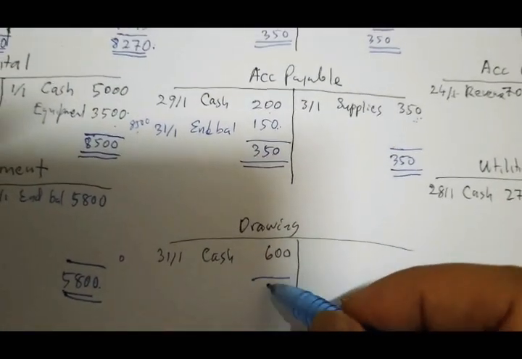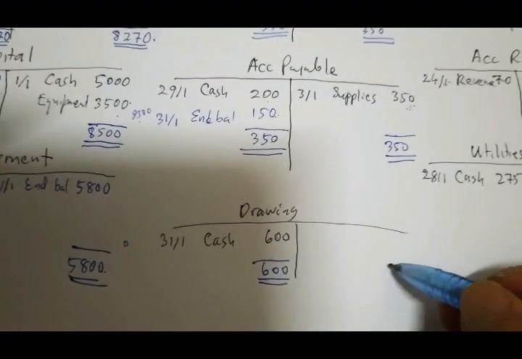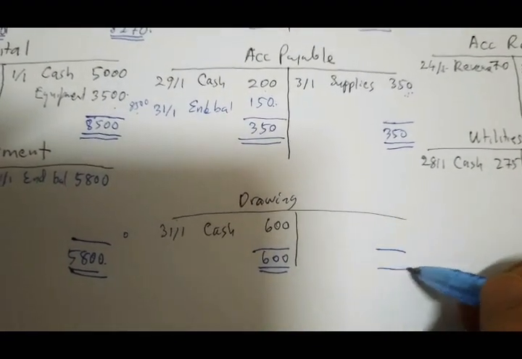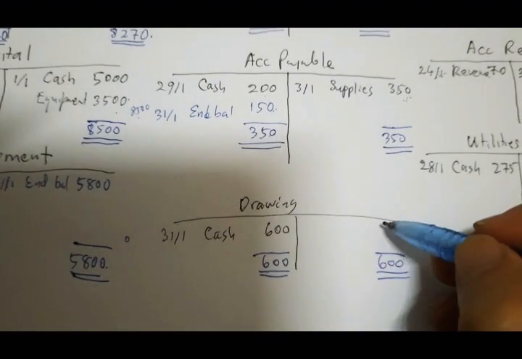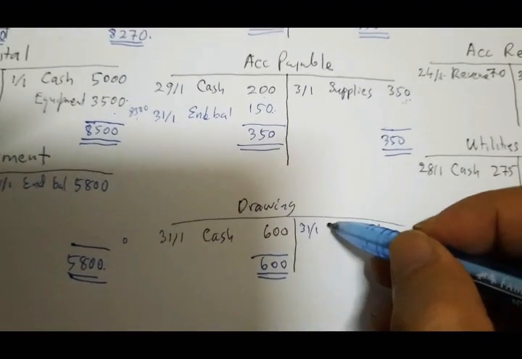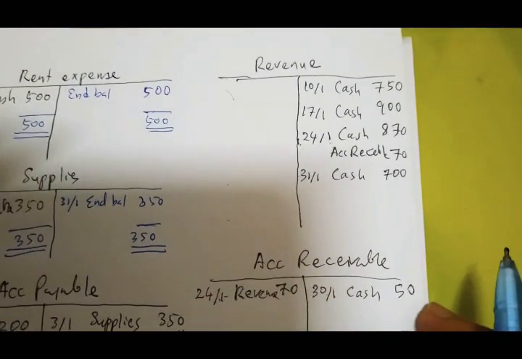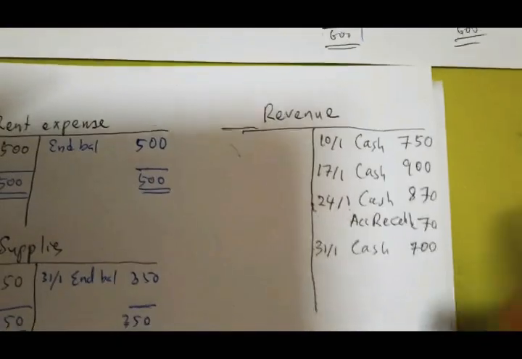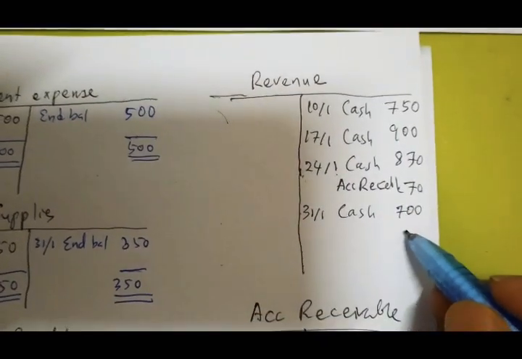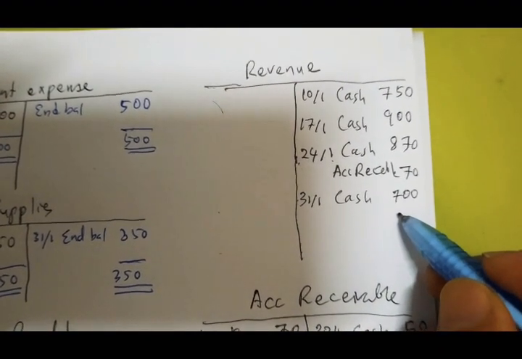Drawing here 600. So you put here also 600. The difference is 600. So this 600 is the ending balance. Okay, revenue. If you add all these numbers, the total revenue is equal to 3290.